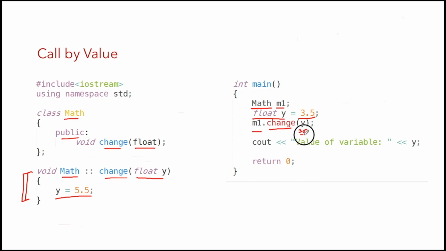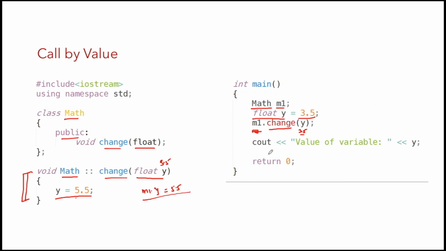So when 3.5 is passed over here, whenever I am writing y is equal to 5.5, this 3.5 is overwritten by 5.5. Because this call is initiated from m1, m1.y is becoming 5.5.